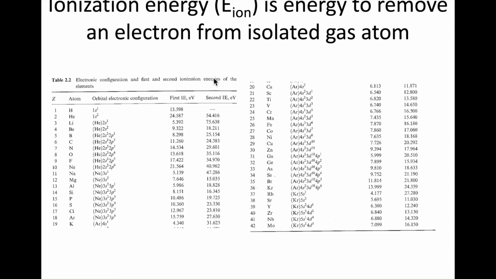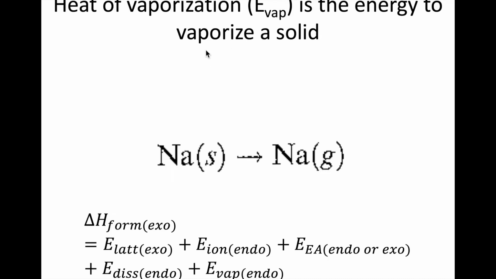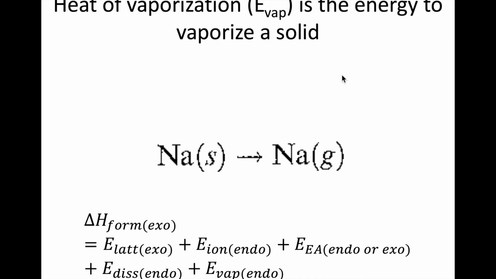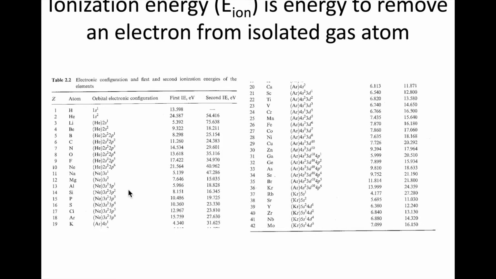For the ionization energy, we're looking at removing an electron from the metal to create the cation. And so we can get values. This is actually a table from our book. We can get the first or second ionization if we're trying to remove multiple electrons.